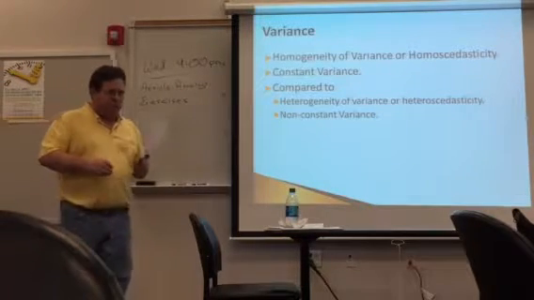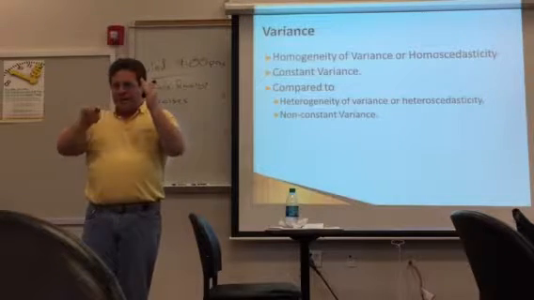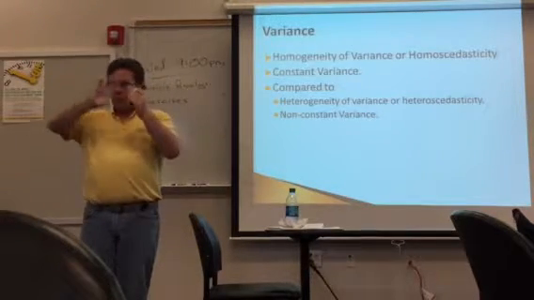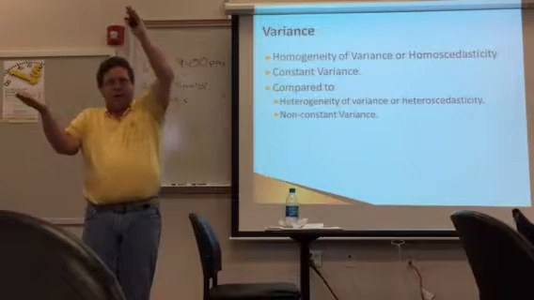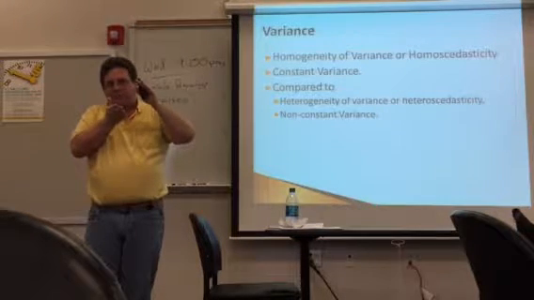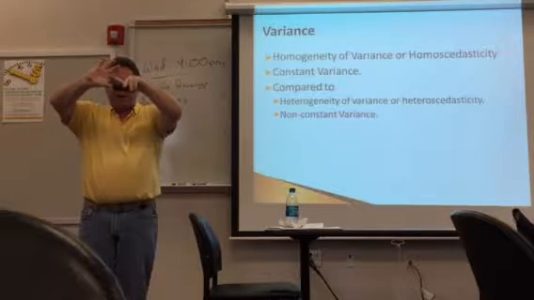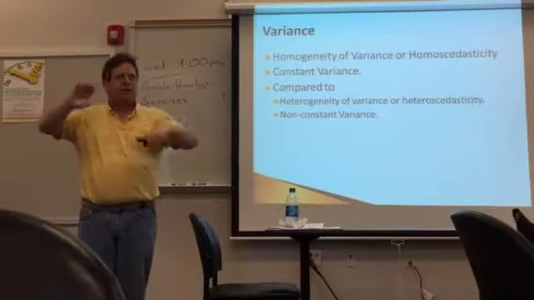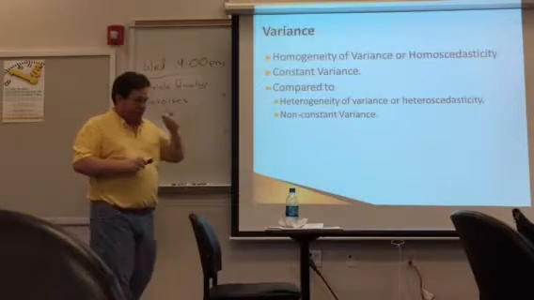So if you think about regression, if we plot that regression line, as the independent variable grows larger, we don't want to see the variance around the regression line growing larger. We want to see the observation still being within a certain amount of space around that regression line. So variance is something we look at.